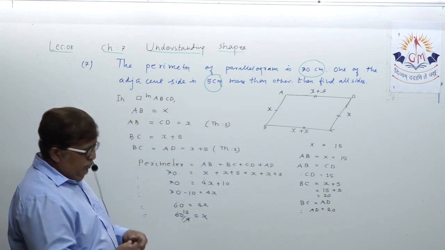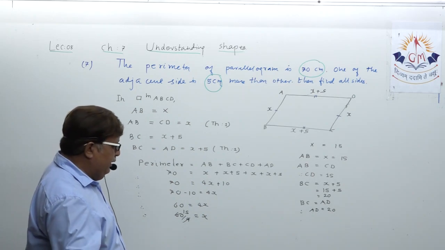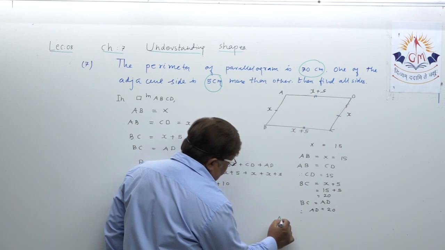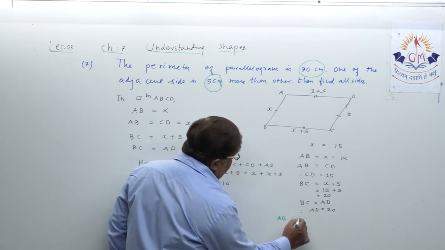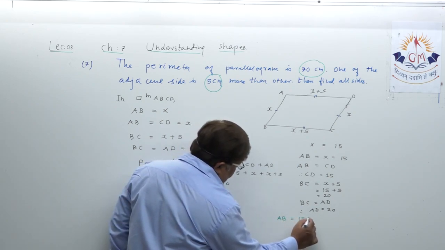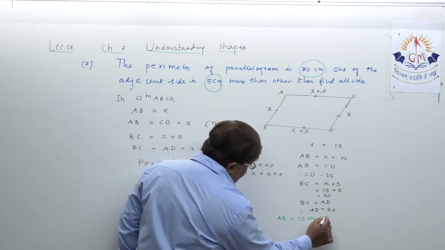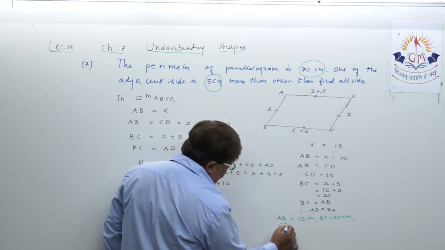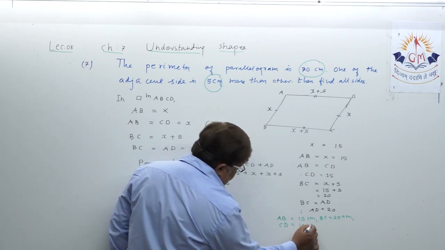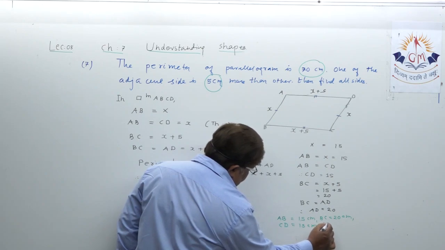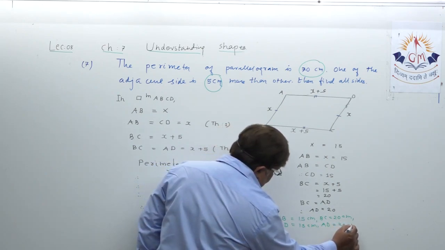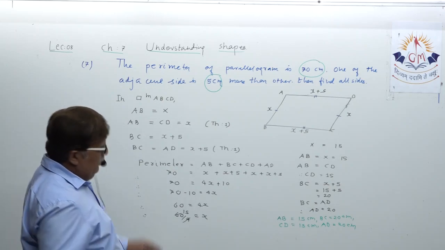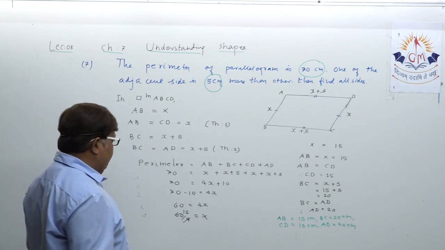You got all four sides, and at the end just highlight the answer: AB equal to 15 centimeter, BC equal to 20 centimeter, CD equal to 15 centimeter, AD equal to 20 centimeter. This way you can solve this example.